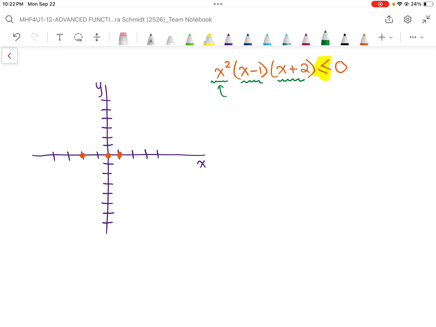I also know this is an even degree function, because it's a degree 4: 2, 3, 4. And I know it has a positive leading coefficient, so it's going to end up going from Q2 to Q1. So if I had to graph it, it's going to look something like this-ish.